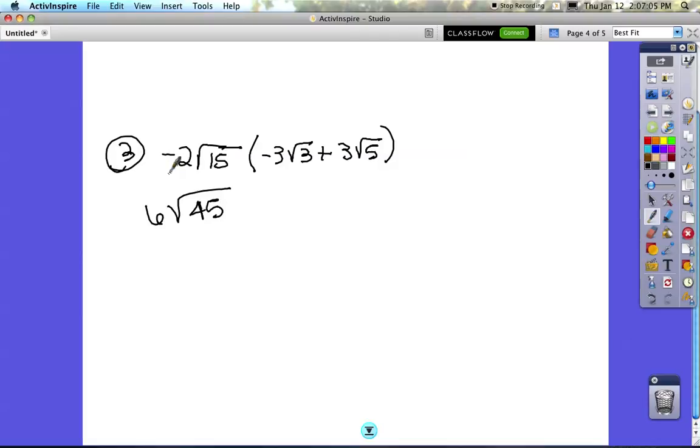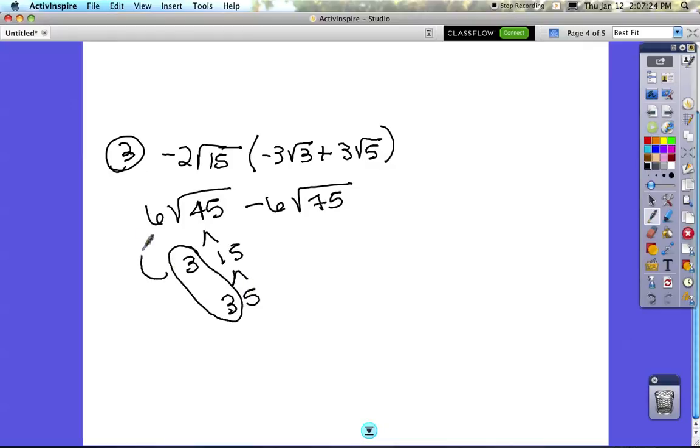Now, this one is negative 2 times positive 3, square root of 75. Okay, let's break down the 45, 3 and 15, 3 and 5. So you have a pair of 3s. Draw your arrow to the outside. So what's going to be the coefficient of the first term? 18. 18 square roots of 5.